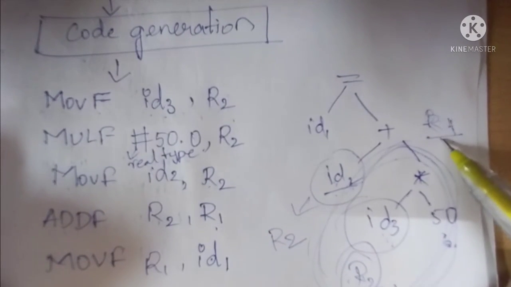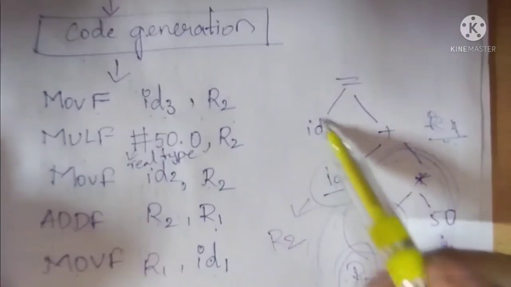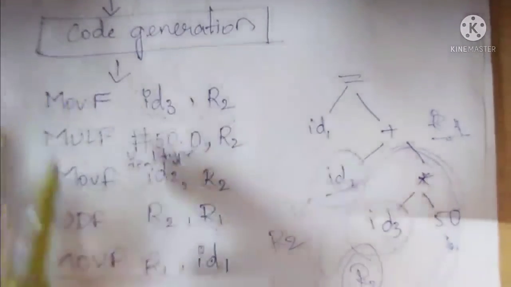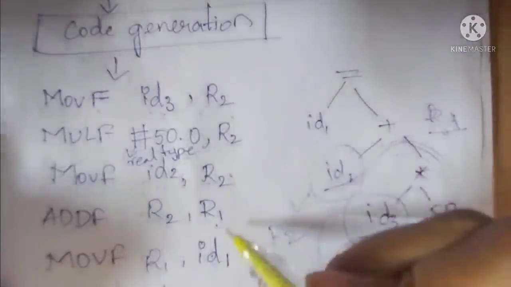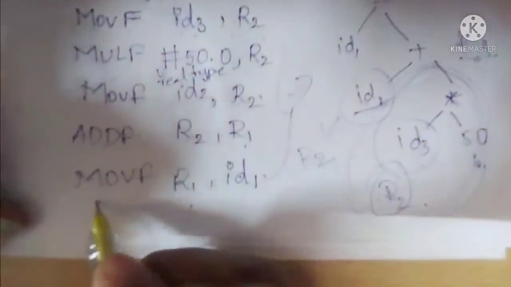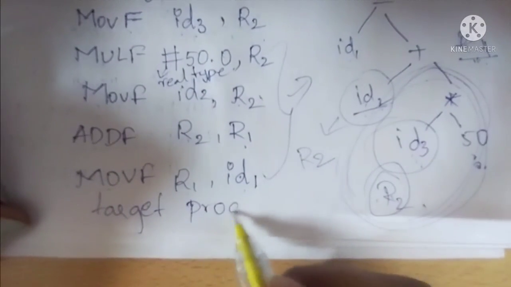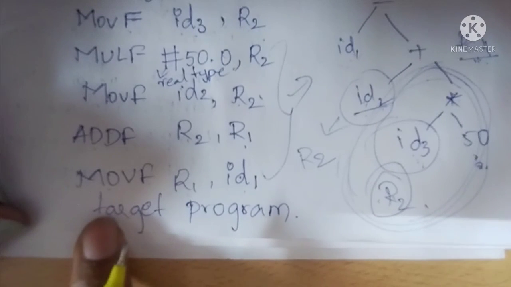Okay, so move R1 to id1. So in id1 I have moved R1. Okay, this is the final step of code generation. After finishing all these steps, we are getting the target program. This is the final step of the phases of compilation.